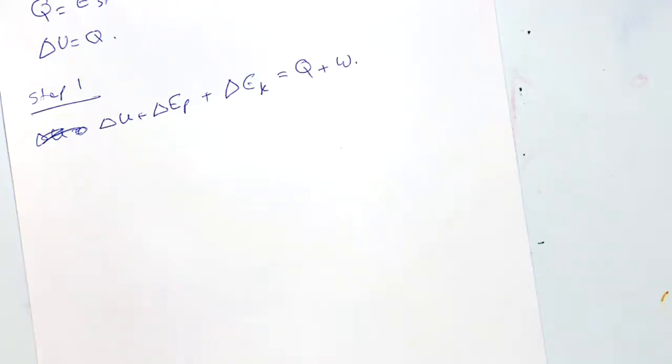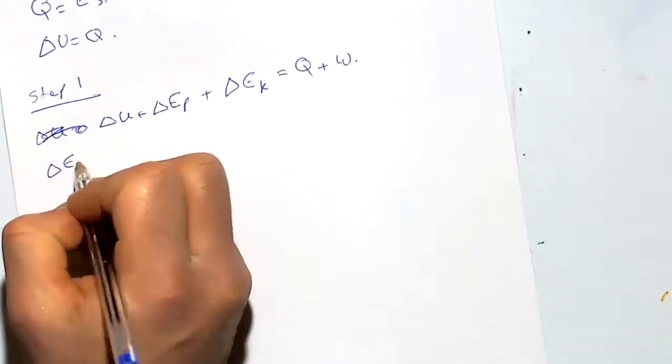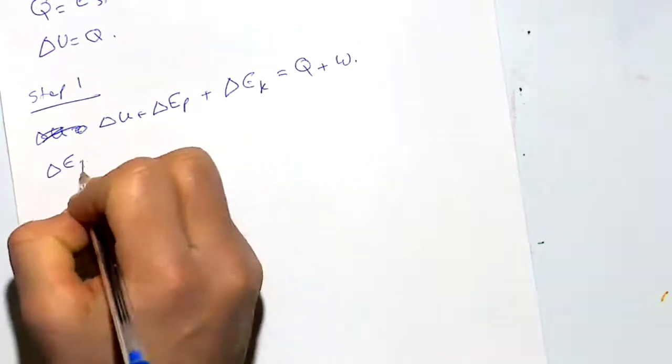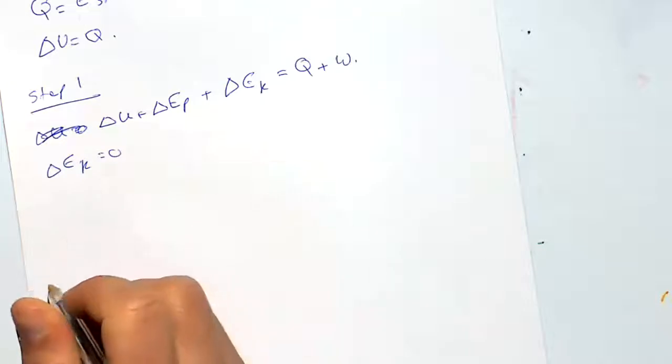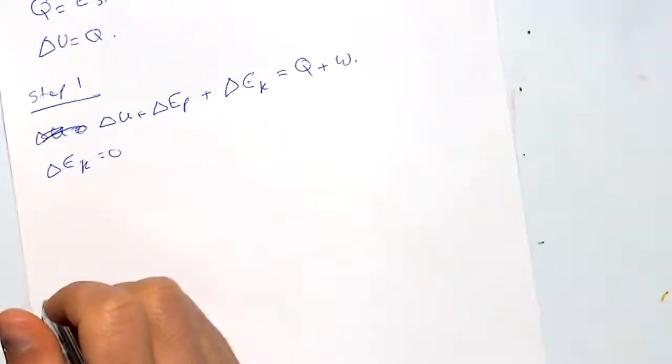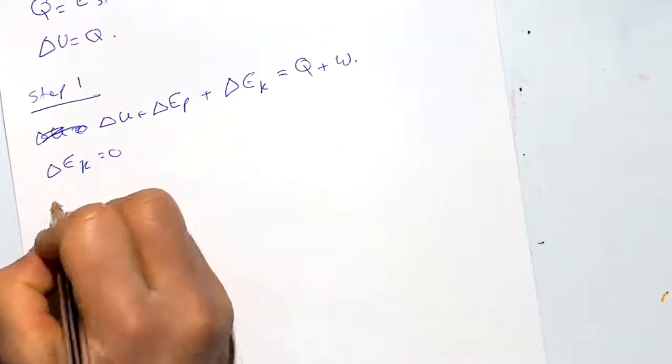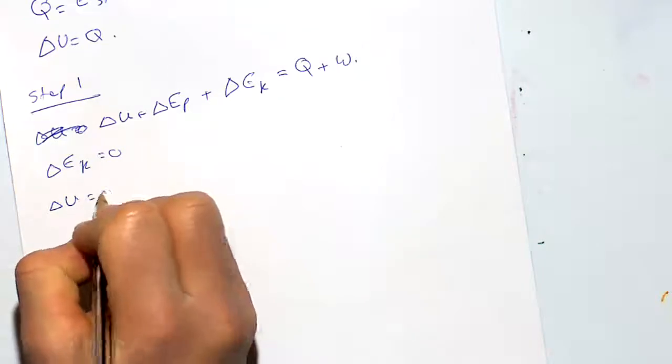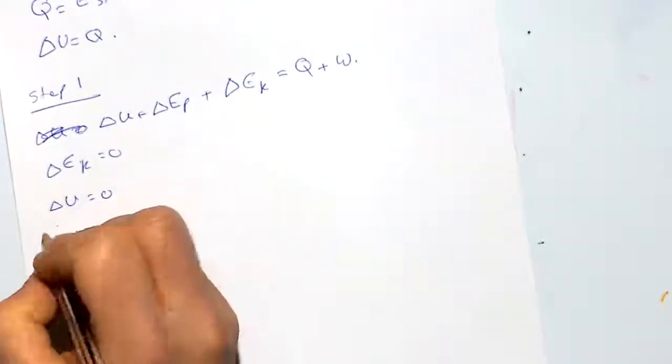Q equals 0, dQ equals 0. The initial and final velocity of the bag are identical, hence dE kinetic equals 0. And we know that the thermodynamic state of the bag doesn't change, so delta U equals 0. And no volume work.